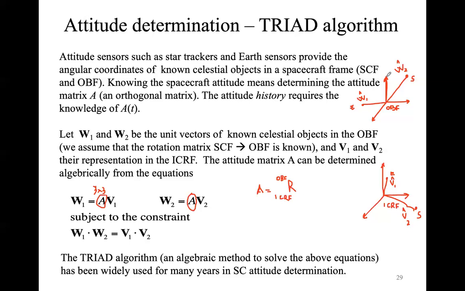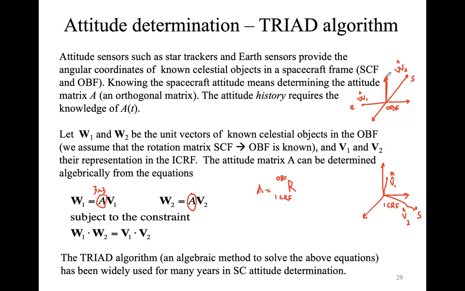So what you're going to do, if you want to use the TRIAD, you have first of all to choose 2 observations from 3. And the other thing is that you are not going to use all those information, all those measurements, with the same weight.